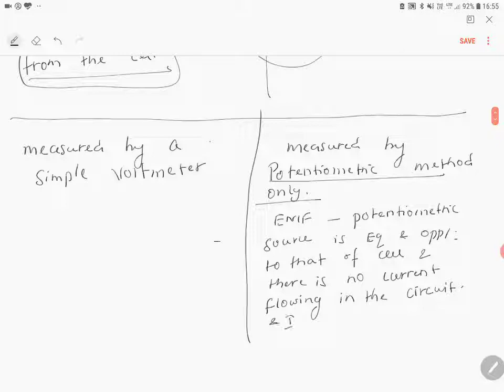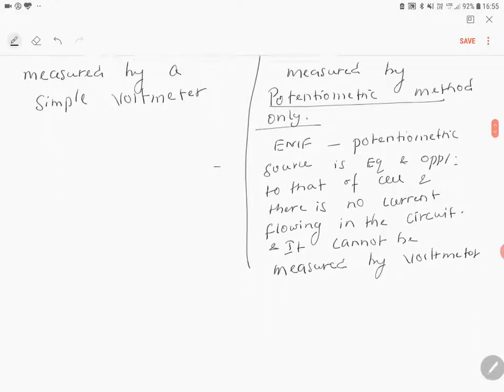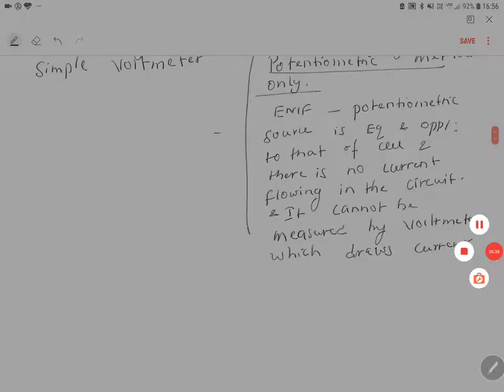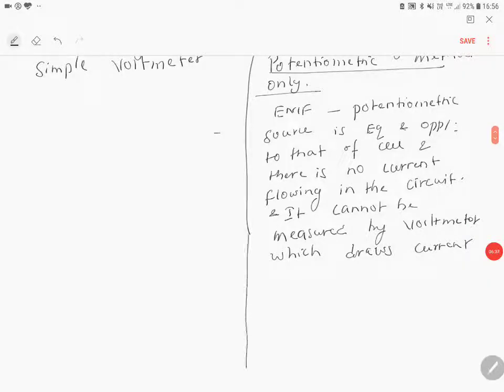And it cannot be measured by a voltmeter, which draws current. Okay, this is how the measurement is done.